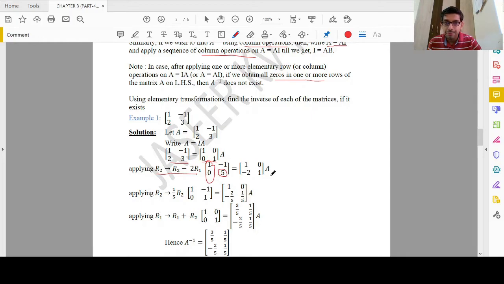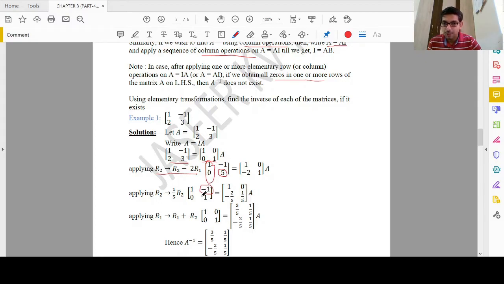Similarly, the second row here also needs to be multiplied with 1 by 5, so it will become minus 2 by 5 and 1 by 5. Now we got [1 0; 0 1] on the left hand side. Now we have to change only this element so that we get 0 here, and we will have the identity matrix.